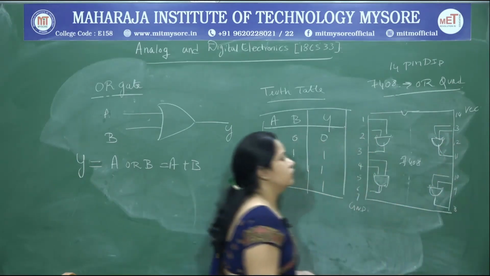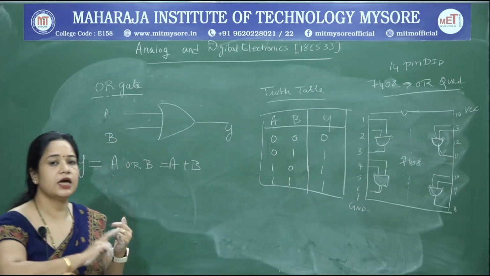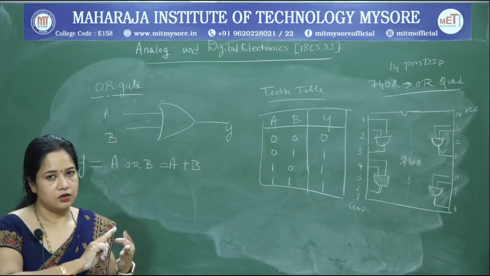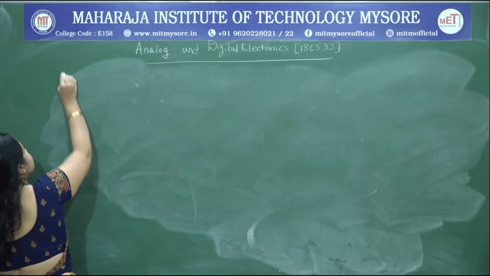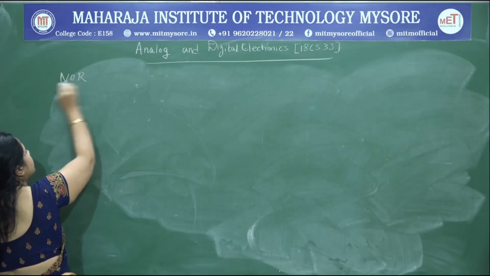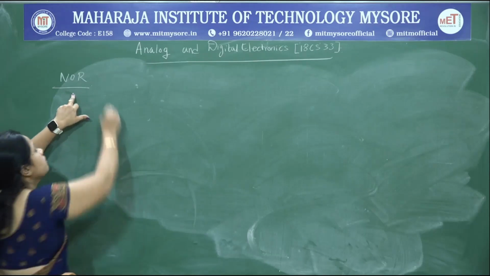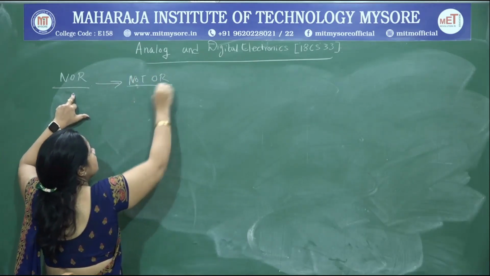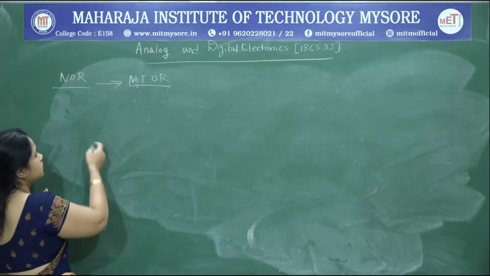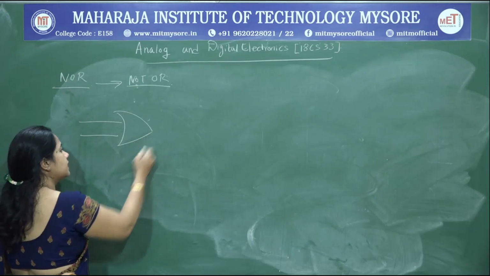This is here 7408. So, these 3 are the basic gates, AND, OR and NOT. And coming to the universal gates, the universal gates are NOR and NAND. Coming to NOR, it stands for not OR. Symbolically you represent a NOR like this.